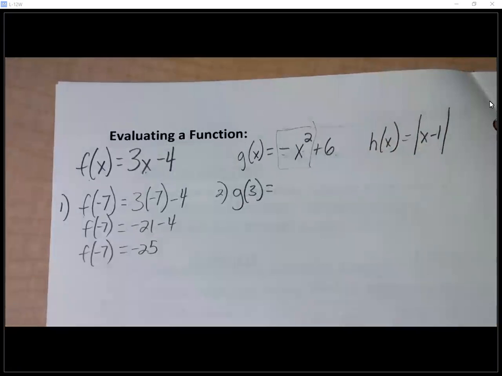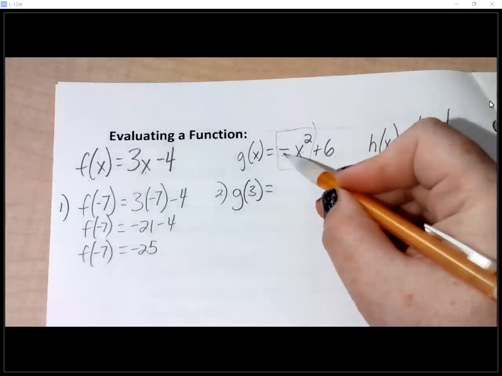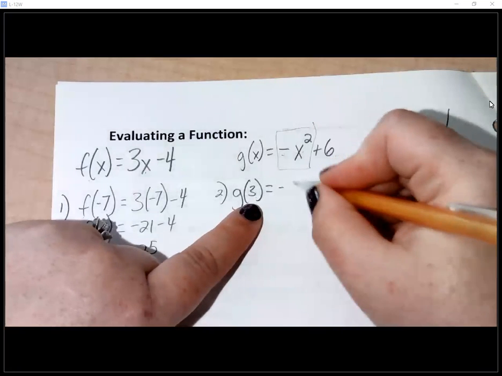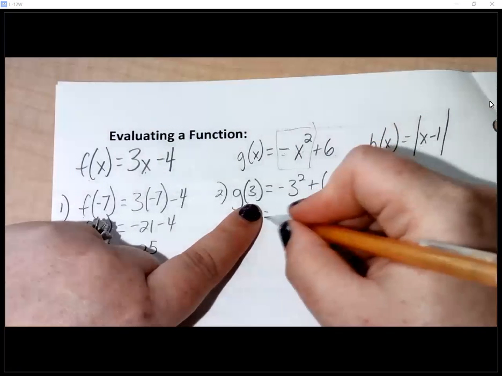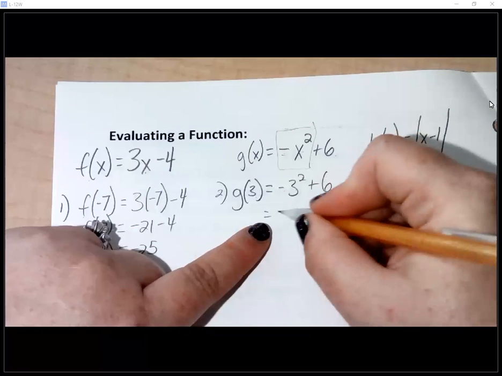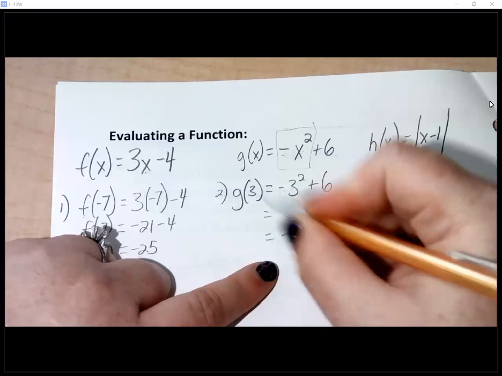When it's written like that, that means square the x, then take its negative. So when I replace x with a 3, I'm supposed to square the 3 and then take its opposite. So that's going to be a negative 9 plus 6. That's where the negative 3 is coming from. And it is correct. Negative 3 is right.